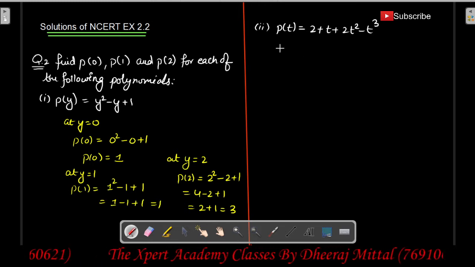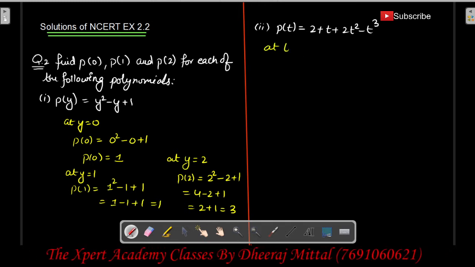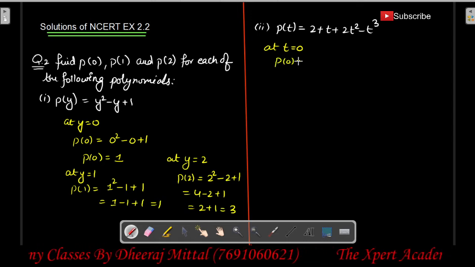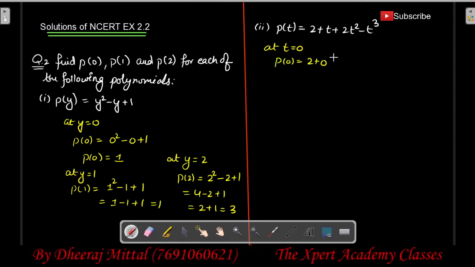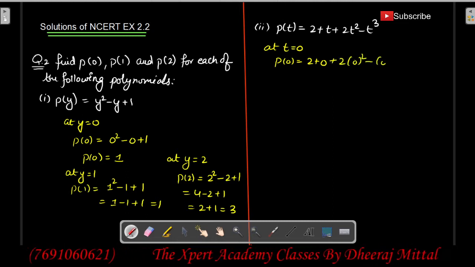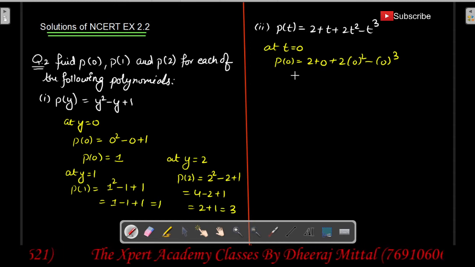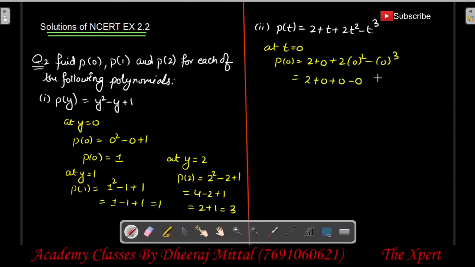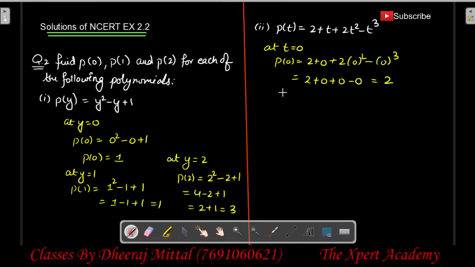So first at t is equal to 0, P0 will be equal to 2 plus 0 plus 2 into 0 square minus 0 cube. So it is equal to 2 plus 0 plus 0 minus 0. So the answer will be 2.